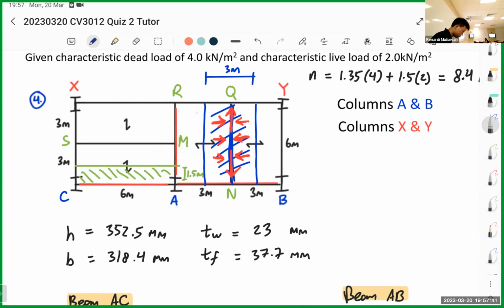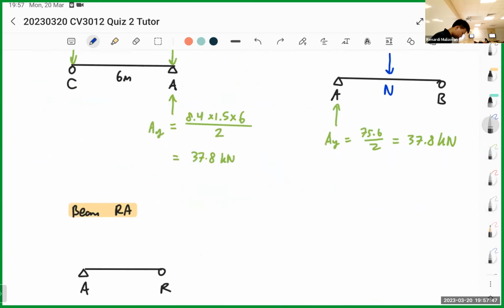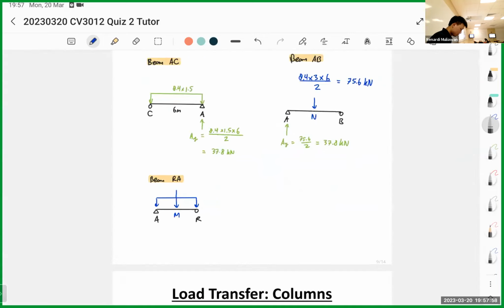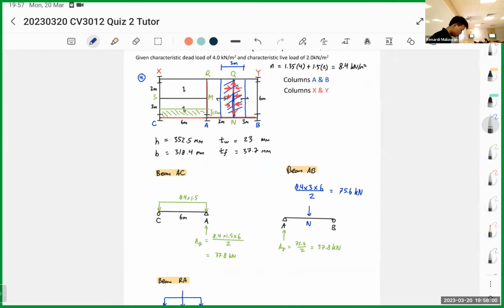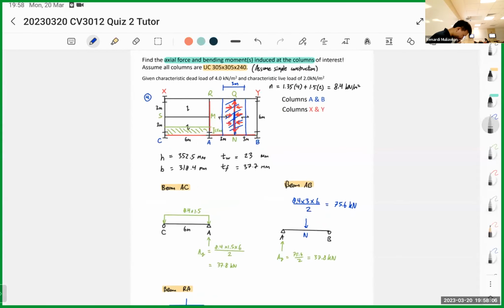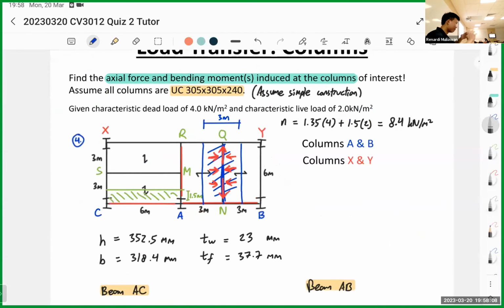We also have half of this, right? So we have something like this, and we have 1 point load at M. Okay. For this one, I don't think I'm going to do just to save time. Wait, let me count very quick, because I made this number very nice.